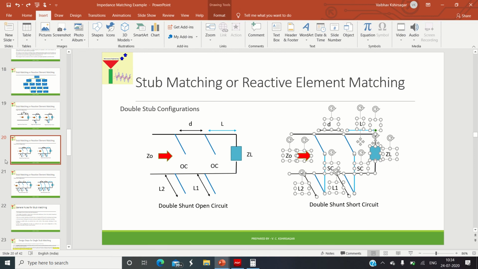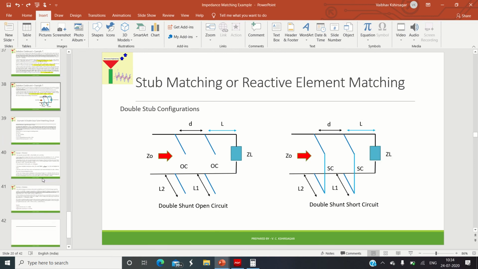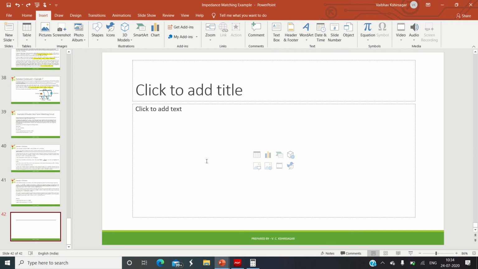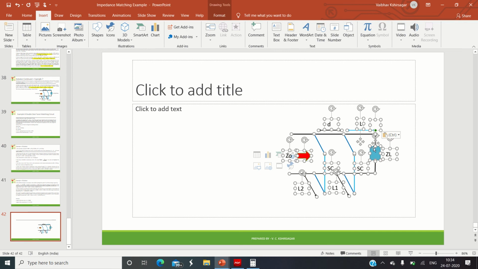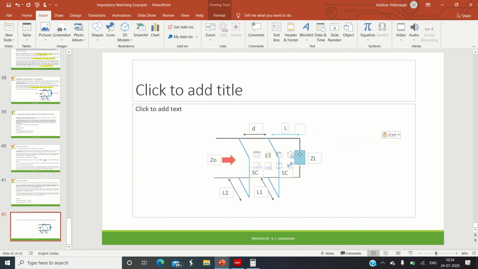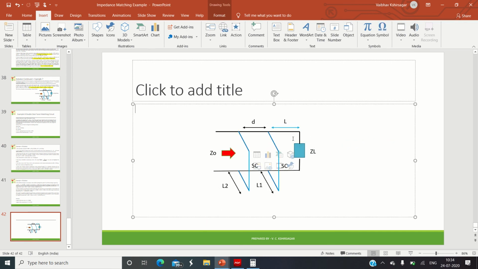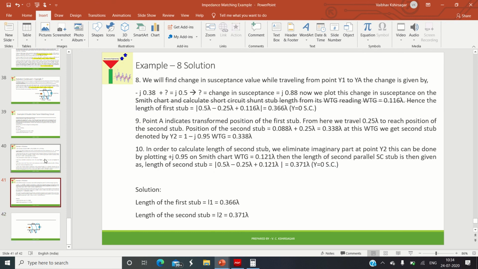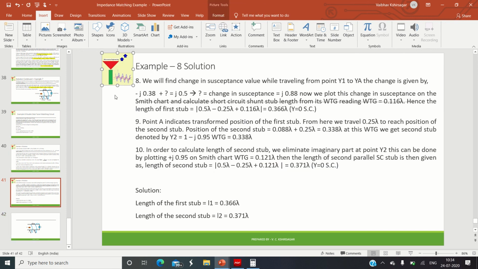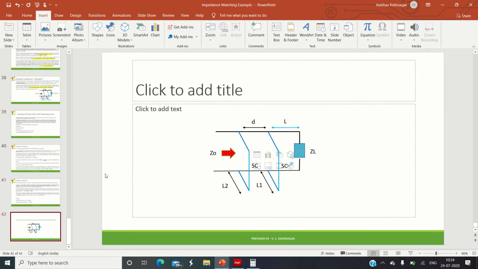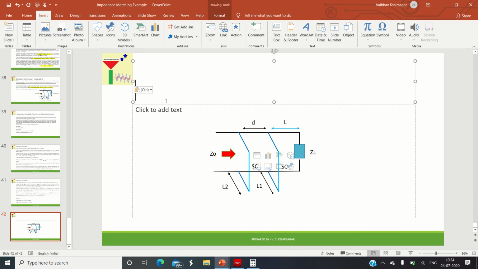Control C. Come back to our main slide over here. Control V. Okay, so you take this diagram exactly at the center. So this is the circuit schematic for example number 8.